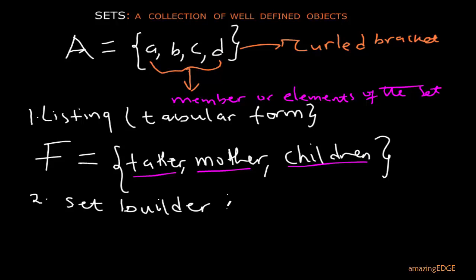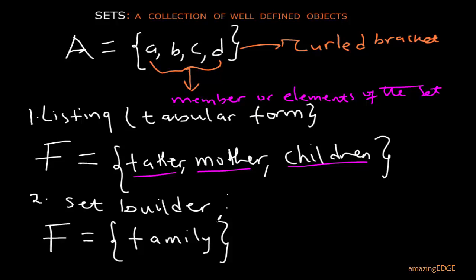For example, in the same set of family F, we put our curly bracket and simply write family. This is set builder. I'm not giving the members one by one, but I have just defined a property. I say family, and once family is mentioned, you know what should be in the family.